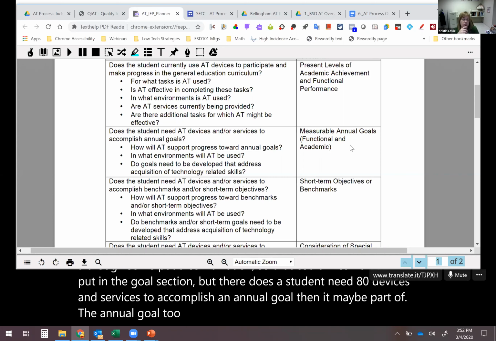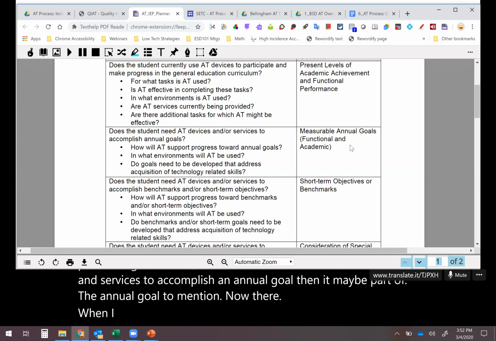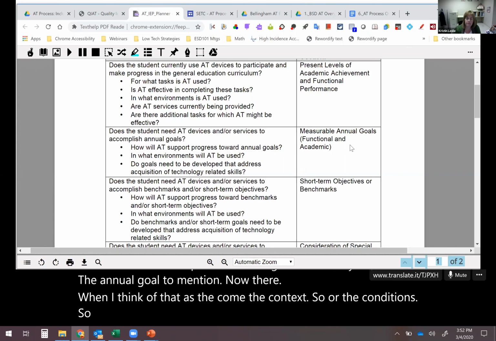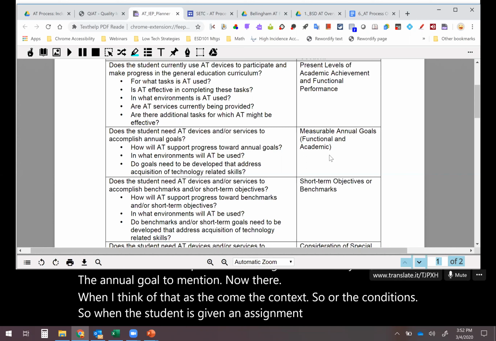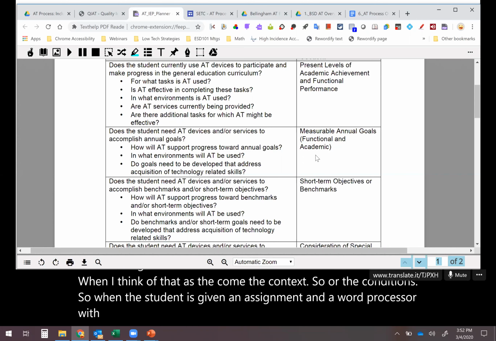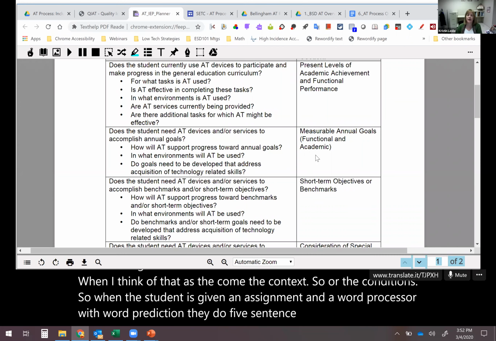Yeah, and I think of that as the context, or the conditions. So when the student is given an assignment and a word processor with word prediction, they do 5 sentences and so on. Right. Yeah.